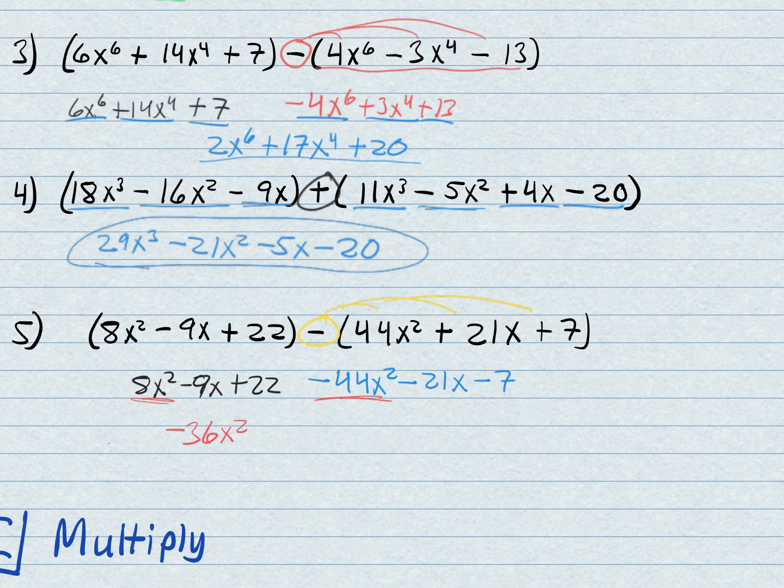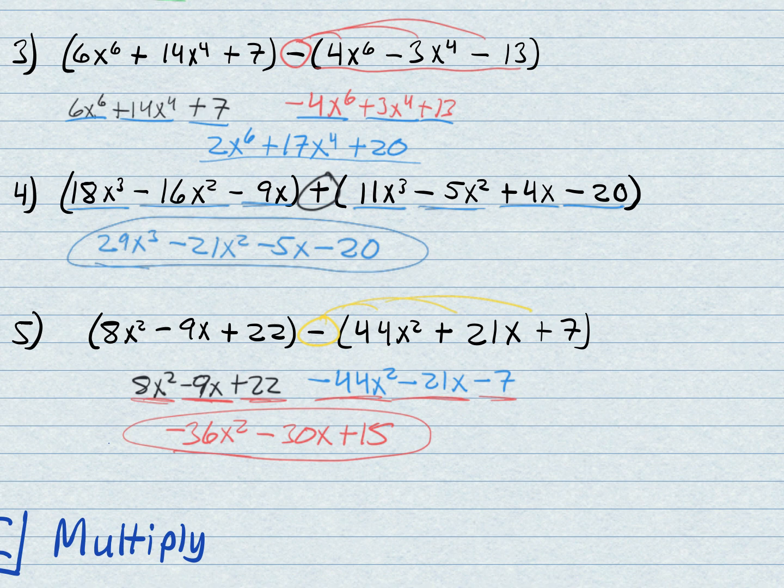All right. And now negative 9x minus 21x. Negative 9 minus 21 is going to get you negative 30x. And then we combine the constants. 22 minus 7 is going to get you plus 15. So this is your answer. Very straightforward stuff.